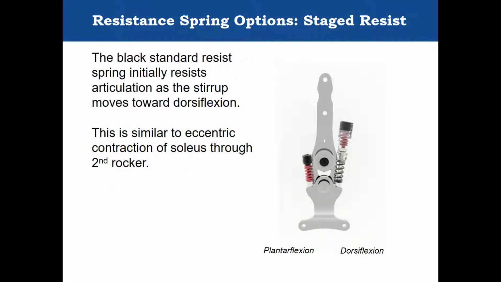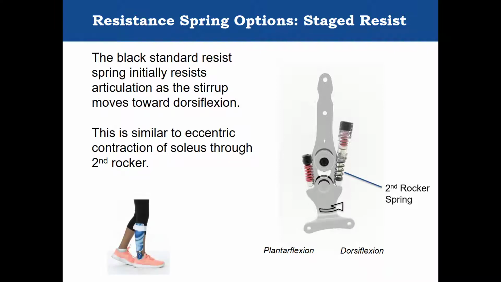This slide illustrates the staged resist feature of the triple action ankle joint. As the stirrup begins moving away from its null position towards dorsiflexion, the black spring under the booster spring SRA begins resisting motion. During the second rocker of gait, this resistance may substitute for the eccentric contraction of the gastrosoleus.